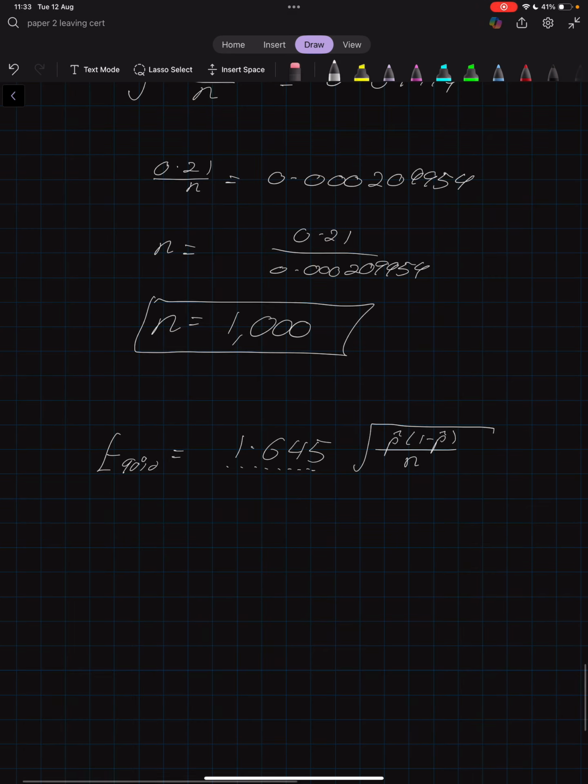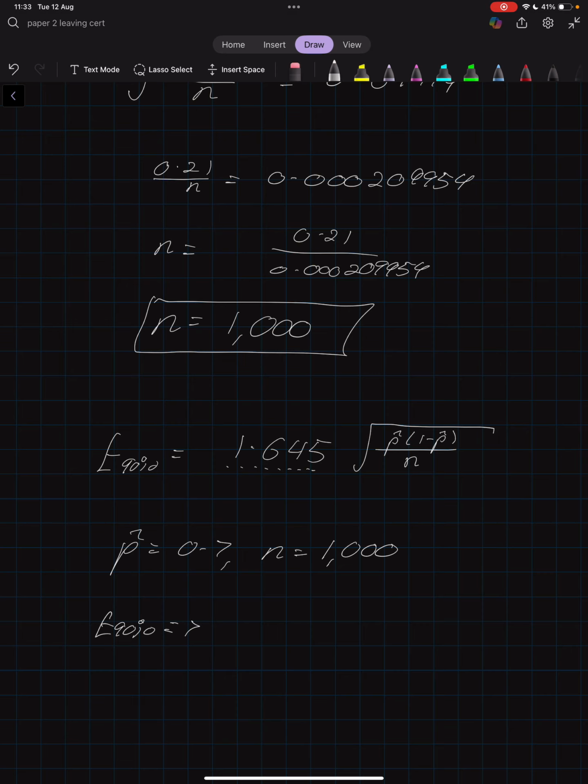So in this one, you have, again, your p hat is going to be your 0.7. And n is going to be 1000. So E90, if you plug all those numbers in, you're going to get this.